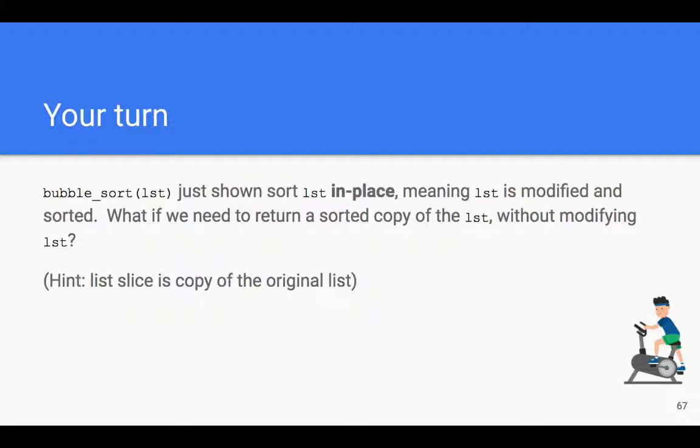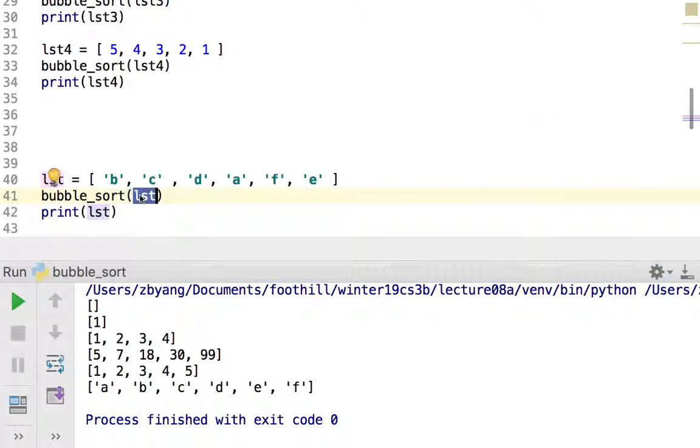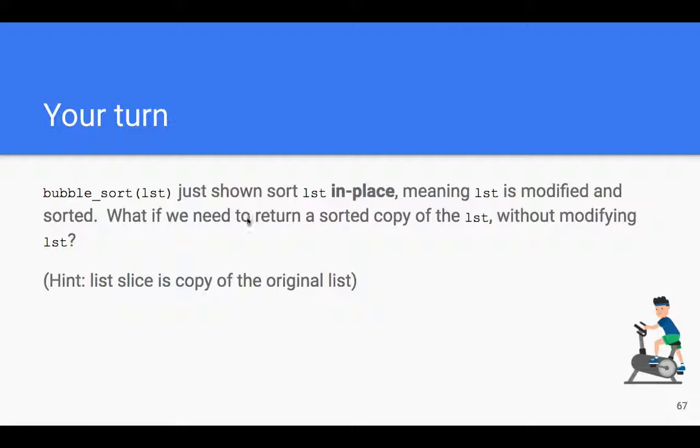Last exercise. It's interesting that if you pay attention, you know that the bubble sort we just wrote sorts the list, the parameter, in place, meaning we sort this list itself. Sometimes that's what you want, sometimes that may not be what you want.